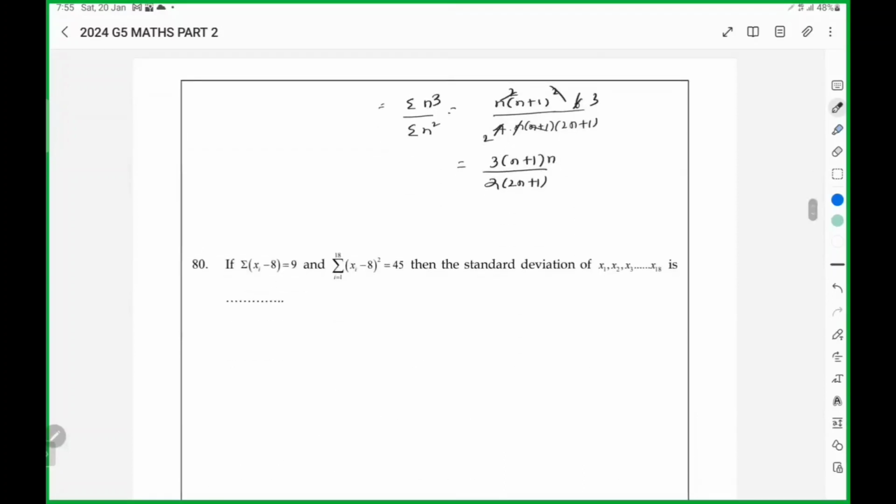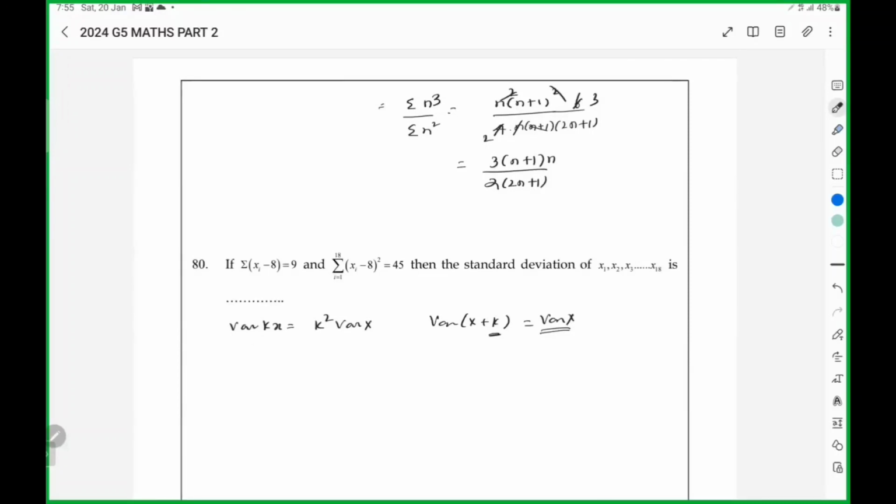Here, a very important property: variance of kx means k square times variance of x. Variance of x plus k is the same, because by adding a constant there is no change in the variance.